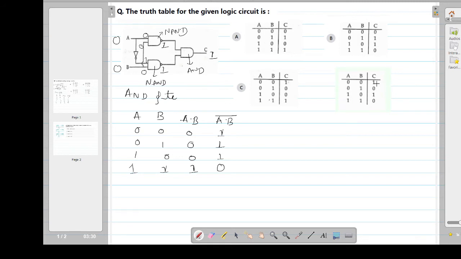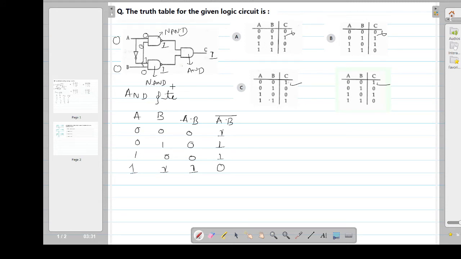For 0 0, the output is 1, so this option is wrong, and this option is also wrong. Between these two, I can get the correct option. So the next input I will take is 1 comma 1, because the outputs are different here.